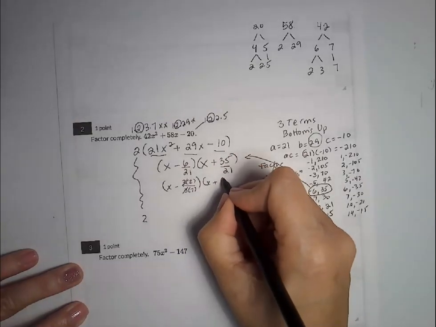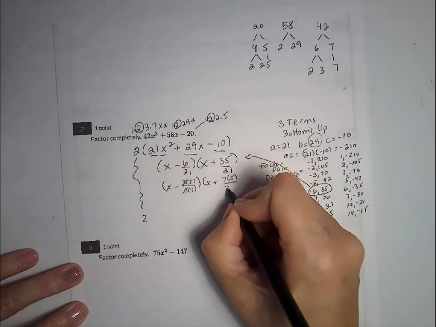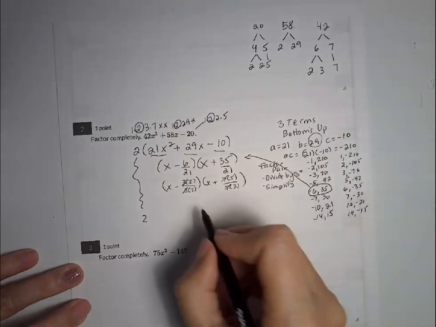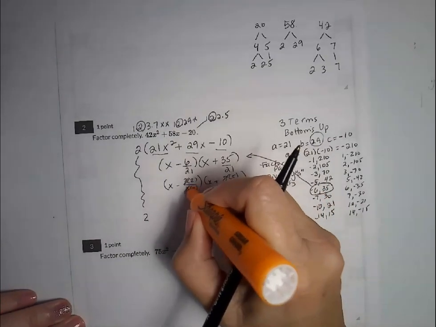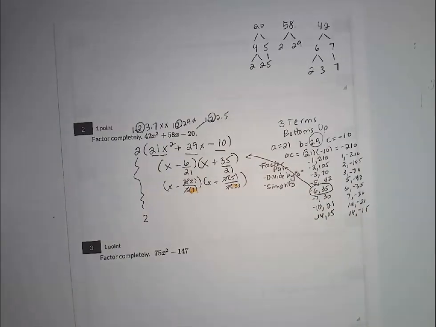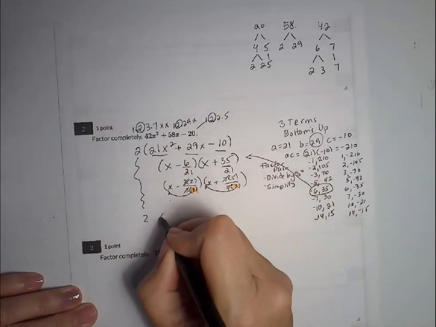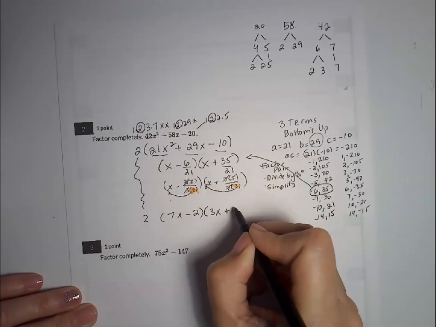And this would be 7 times 5 and 7 times 3. So 5 thirds. And then bottoms up says that you take that denominator and you move it in front as a coefficient of the first factor. So this becomes 7x minus 2 and 3x plus 5.